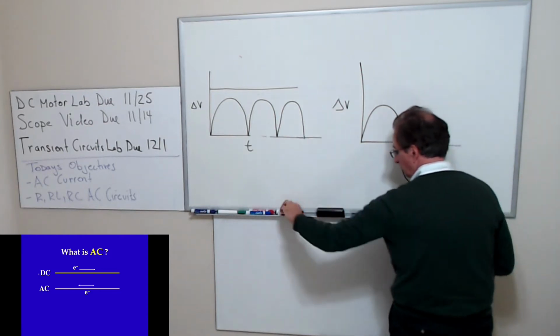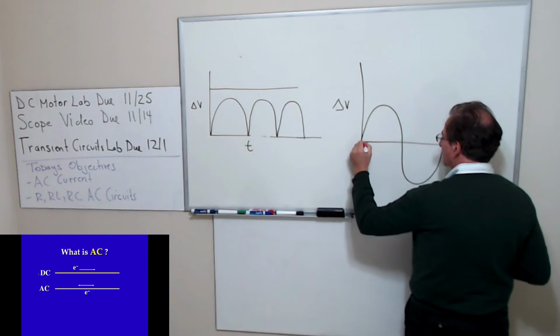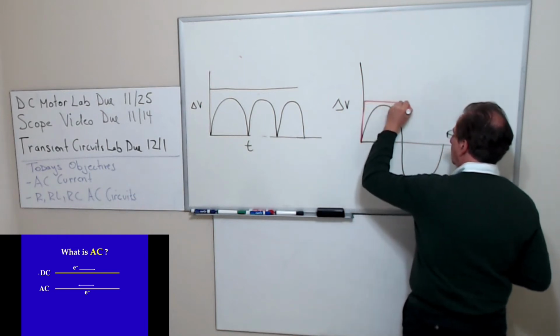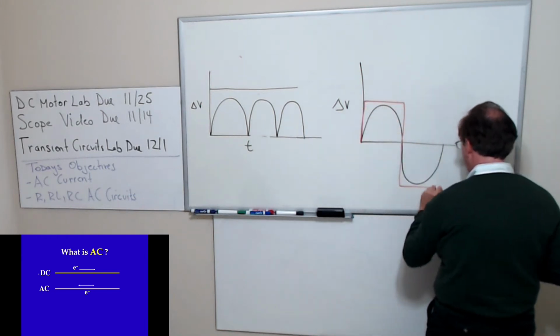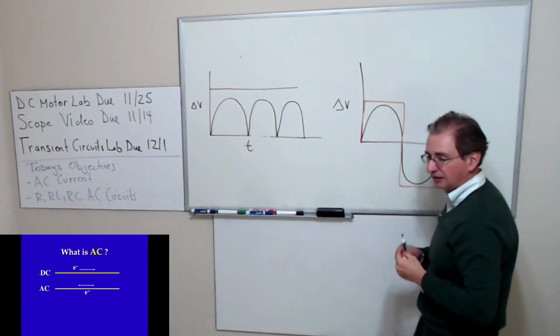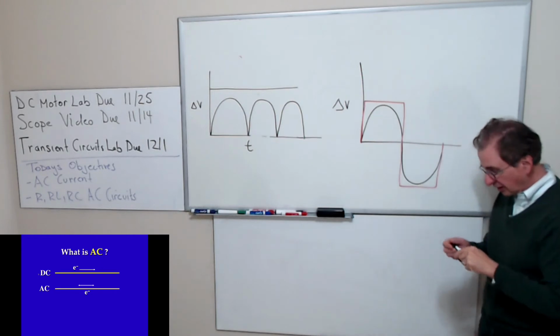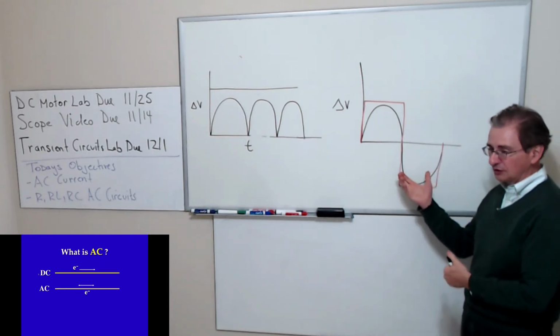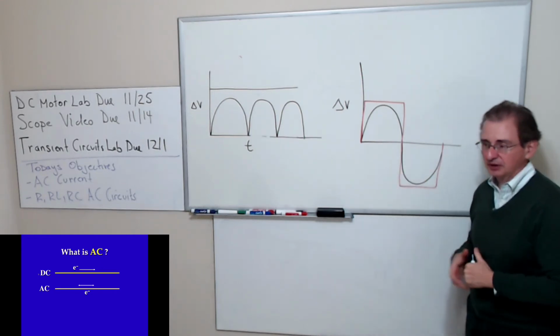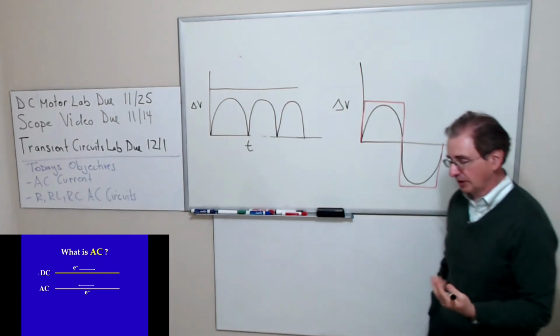Another example would be the square pulse. And they're periodic. Generally, the waveform that we use for AC is periodic. You can create those that are not periodic, but they're typically periodic.